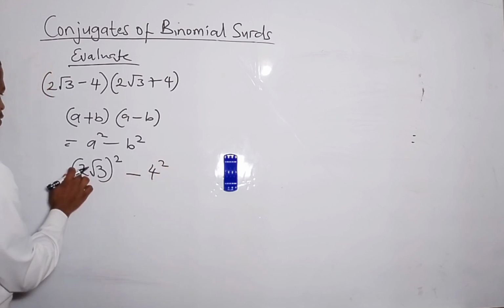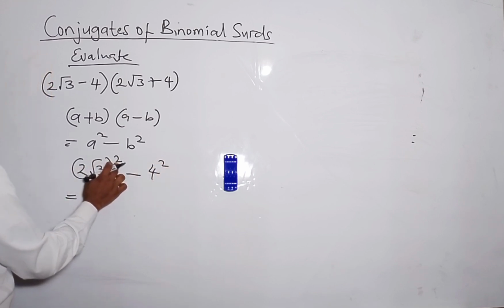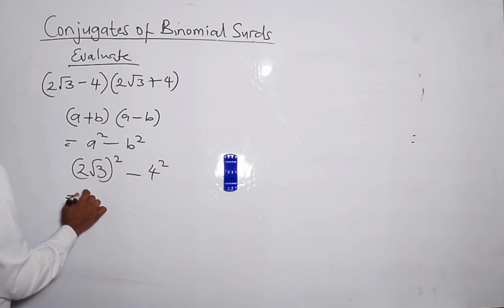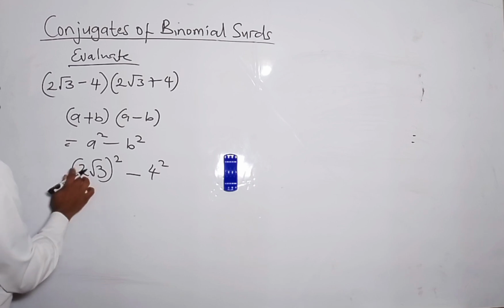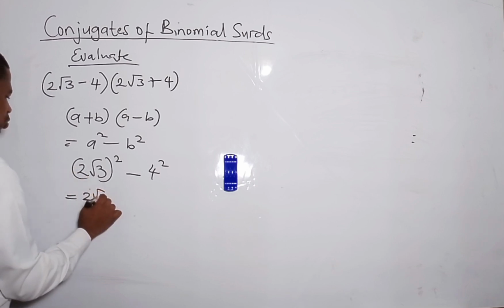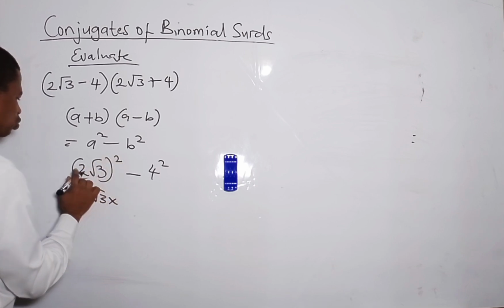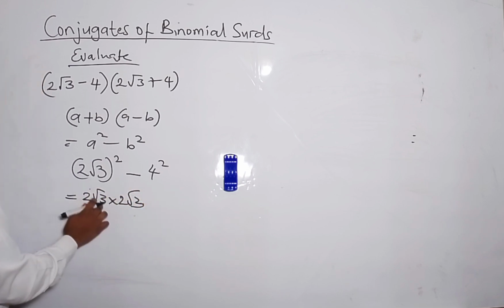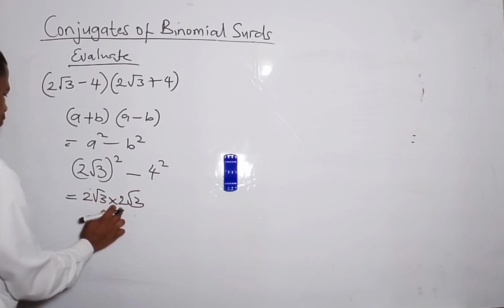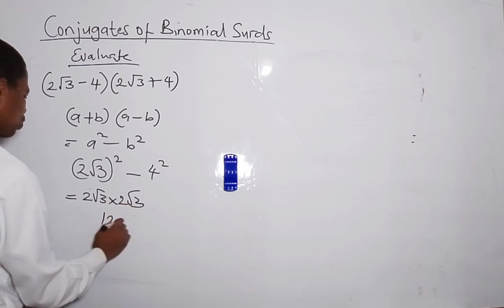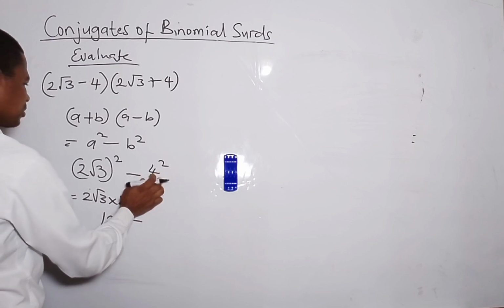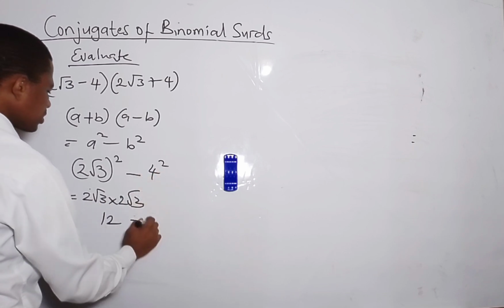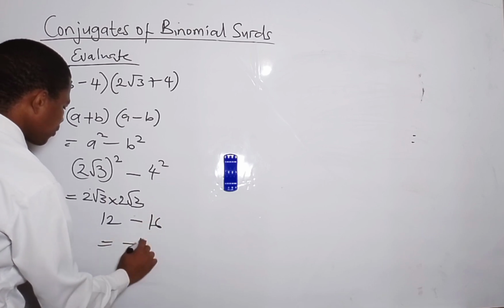So the answer will be what? 2 root 3 squared is 2 root 3 times 2 root 3. That's 2 times 2, 4. 4 times 3, 12. That's 12 minus 4 times 4, 16. So the answer will give us minus 4.